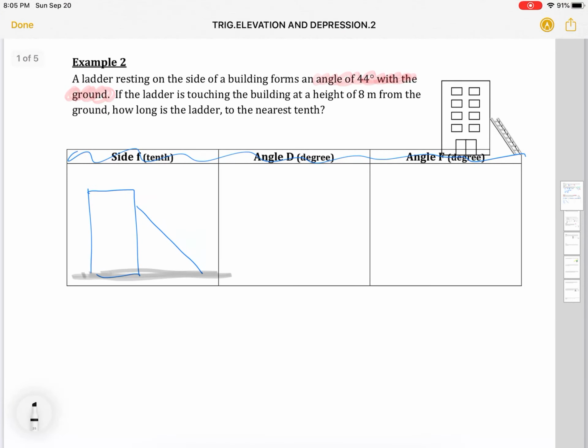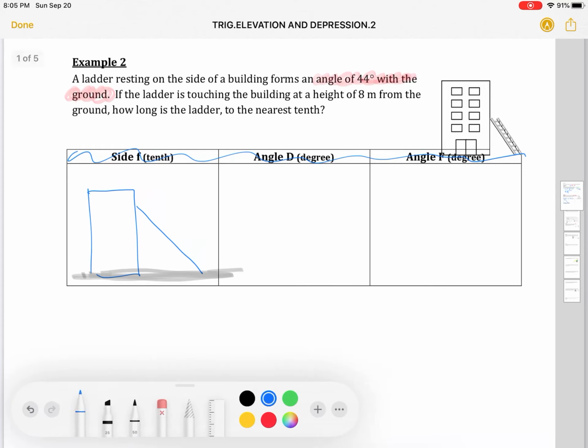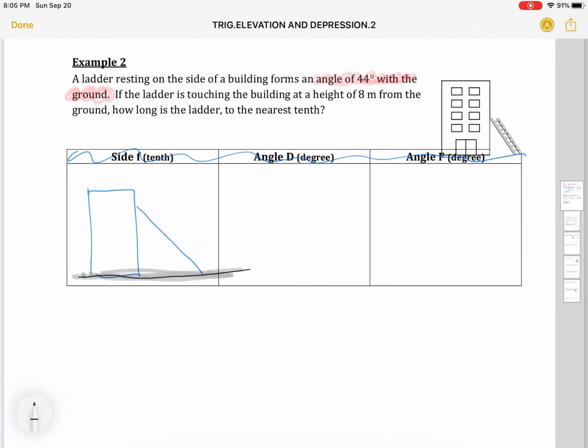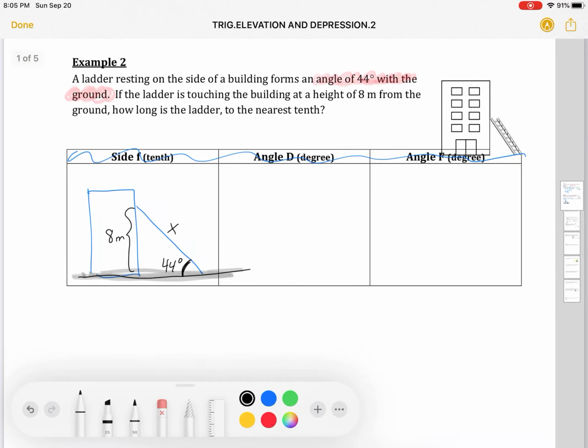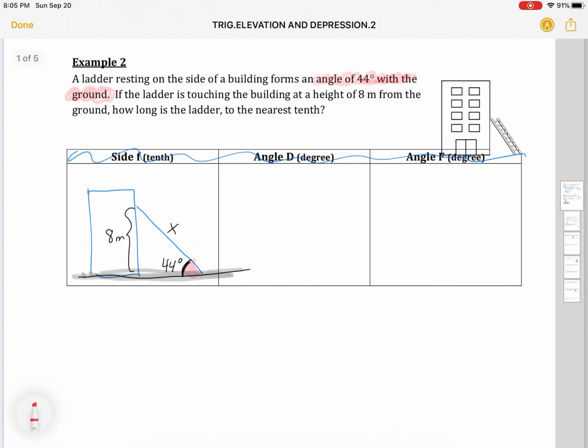So the ground is at the bottom there, and this angle here is 44 degrees because it formed that angle with the ground. If the ladder is touching the building at a height of 8 meters from the ground, how long is the ladder? So we want to know the length of the ladder.